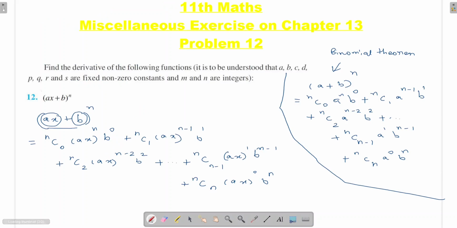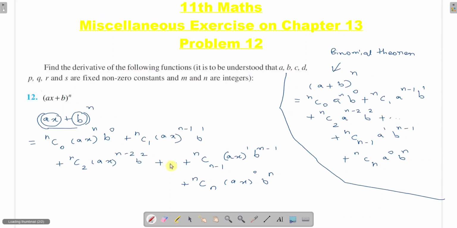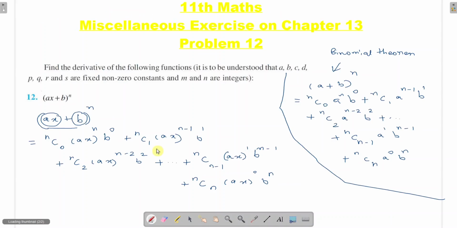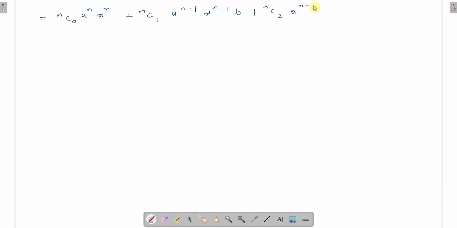Then b raised to 0 is 1, so we'll get plus nC1, here it will be a raised to n minus 1 x raised to n minus 1, and b raised to 1 is b, then plus nC2 a raised to n minus 2 x raised to n minus 2, b raised to 2 and so on.